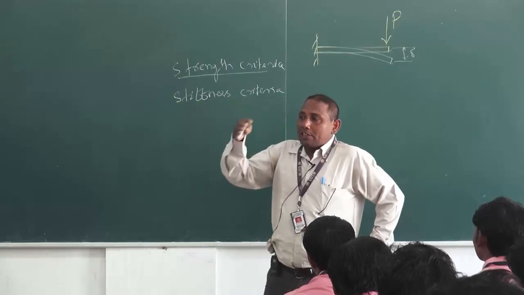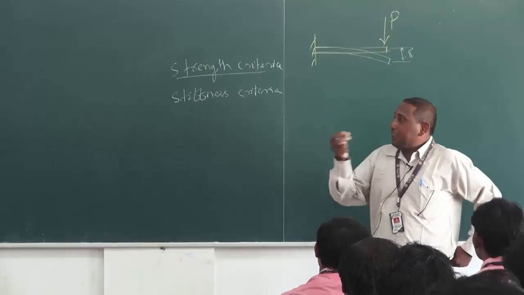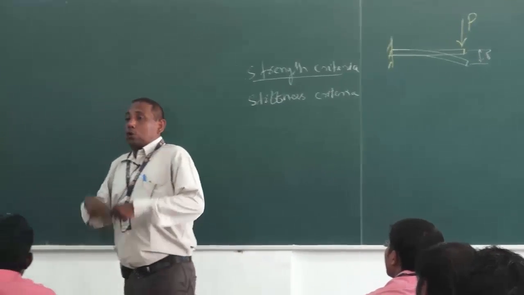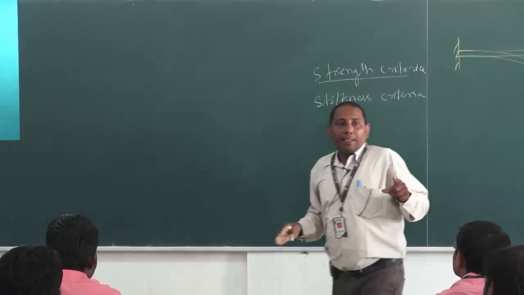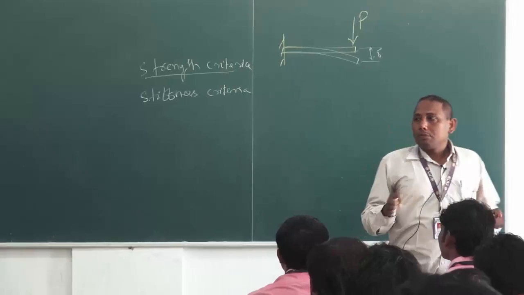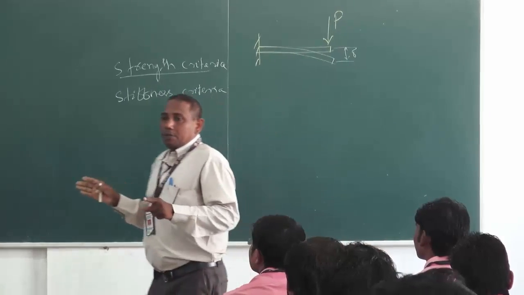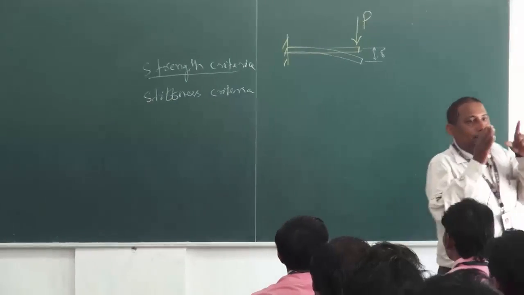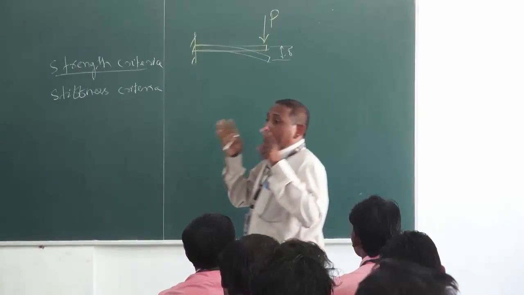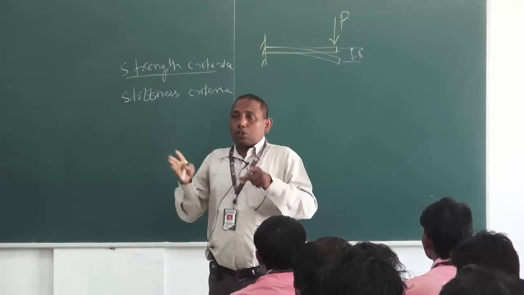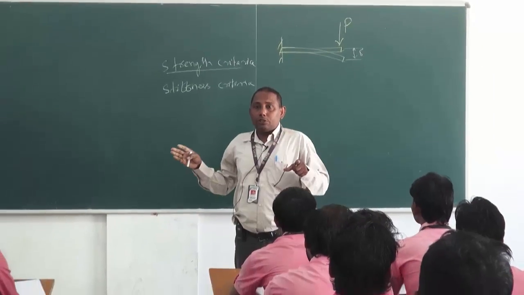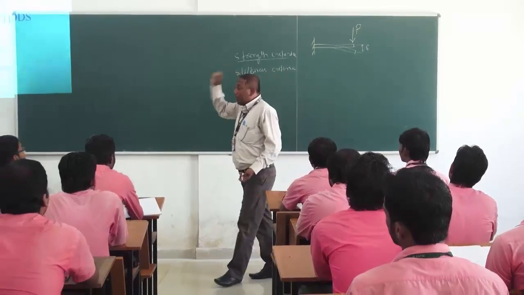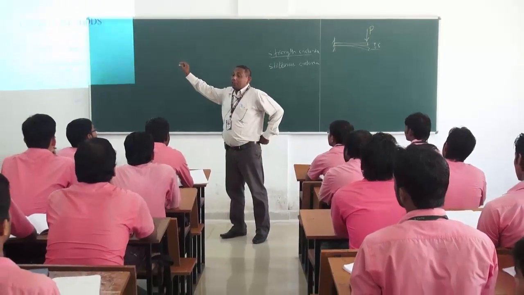Another, newer method is called the energy methods, and within these there are many: the strain energy method, Castigliano's theorem, virtual work method, Maxwell's reciprocal theorem, and also the theorem of minimum potential energy. And in today's class, our focus is mainly on some of these energy methods.